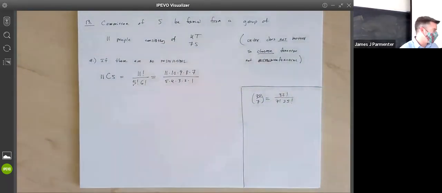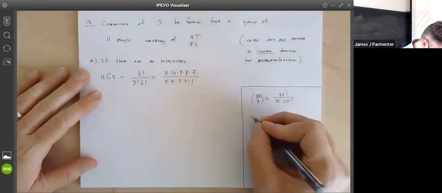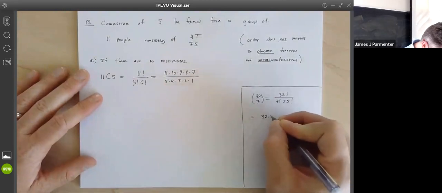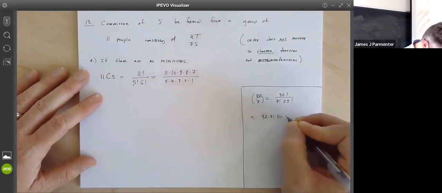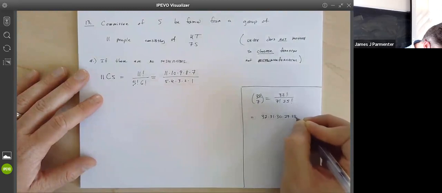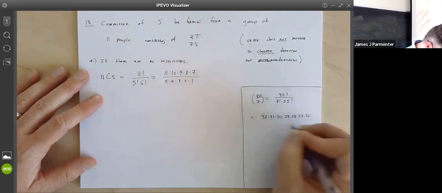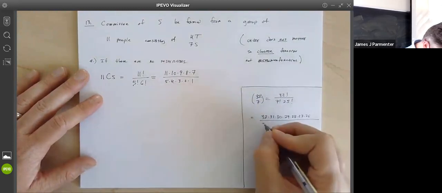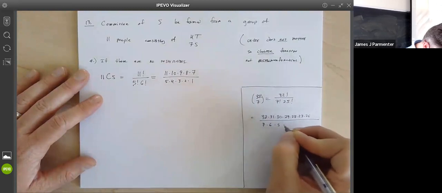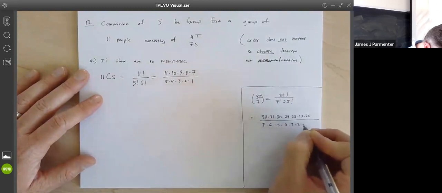So right at the top is 32 times 31 times 30 times 29 times 28 times 27 times 26 times 25 times 24, right? The rest of it is 25 factorial. So I know I'm going to get all the terms on top until I get to 25. And then on the bottom, I'm just going to get the 7 factorial. 7 times 6 times 5 times 4 times 3 times 2 times 1.